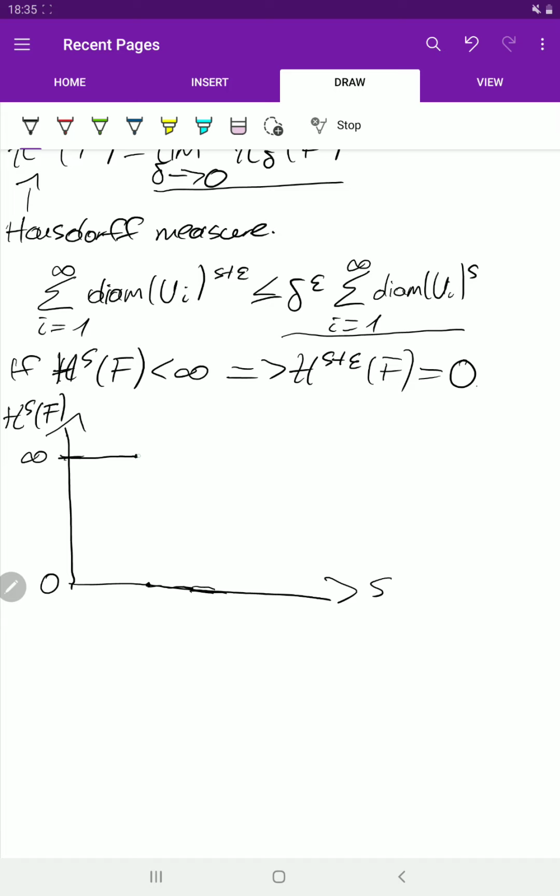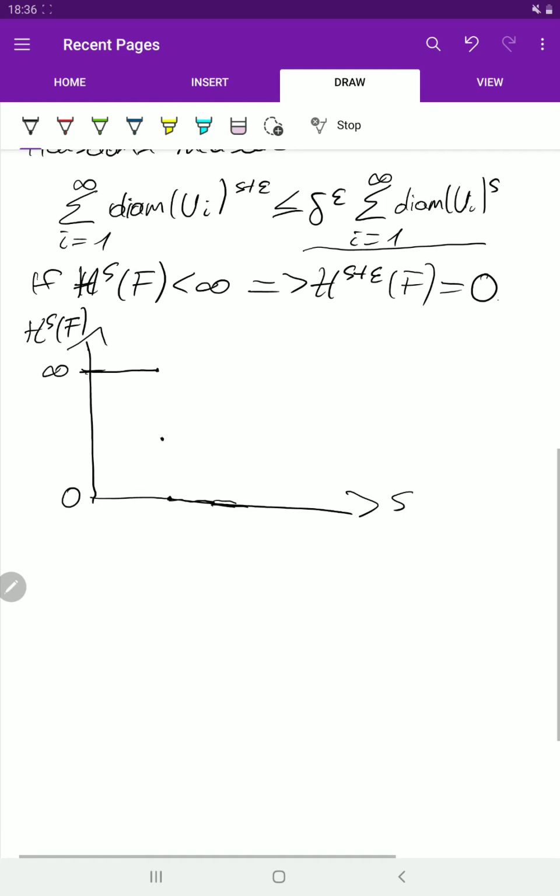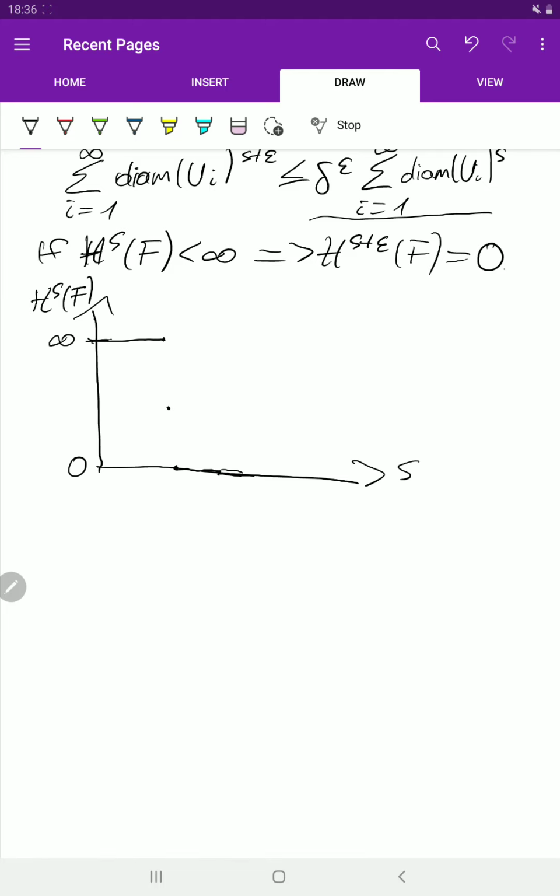So we have a jump from infinity, then there might be some intermediate point, or it might jump straight to 0, and then afterwards it's 0. So there's at most one point for which the Hausdorff measure of F is not 0 and not infinity. There might also be no such point, so it can be okay.